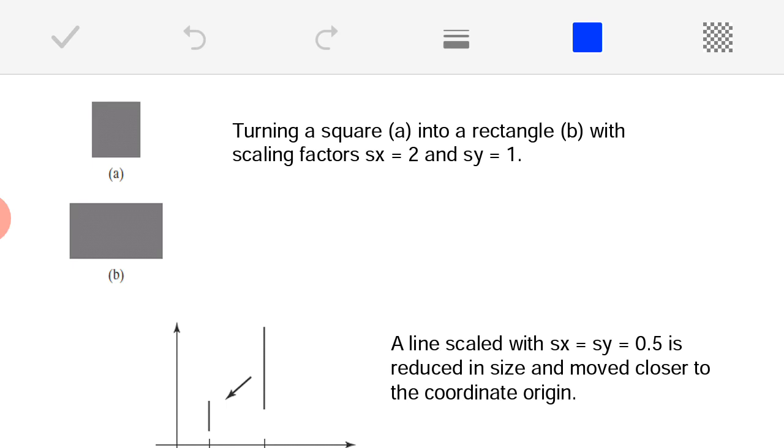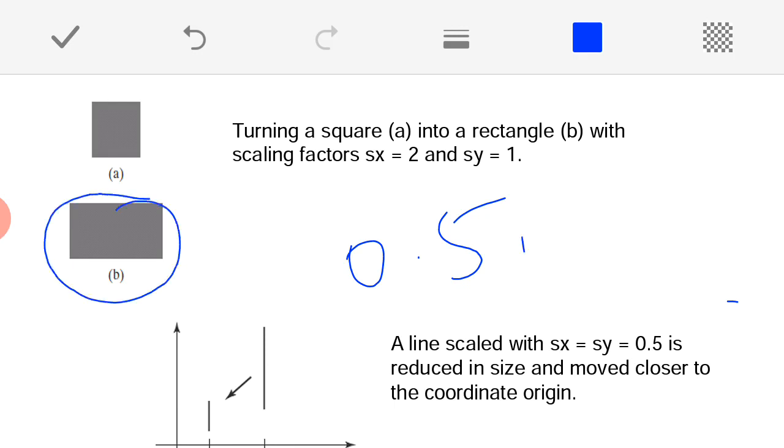And another thing, if my sx value is 0.5, then automatically the size will be reduced. If I apply 0.5 on this one, then it will come back to this one.